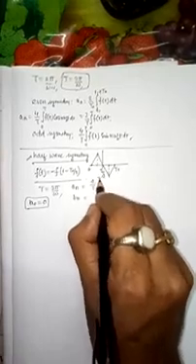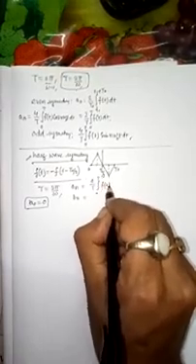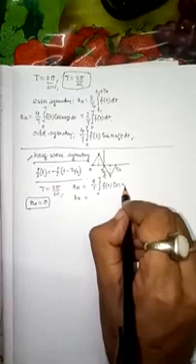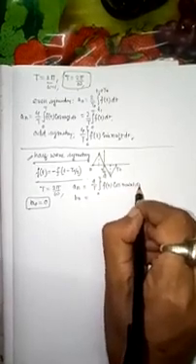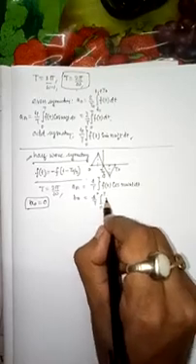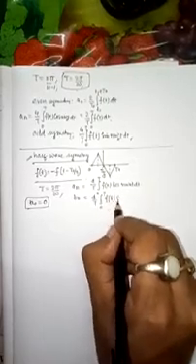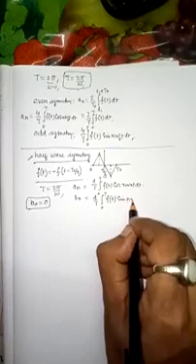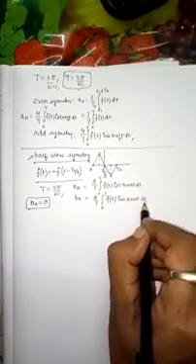So obviously an is 4 by T integration 0 to T f(t) cos(n omega 0 t) dt, and bn is 4 by T integration 0 to T f(t) sin(n omega 0 t) dt.